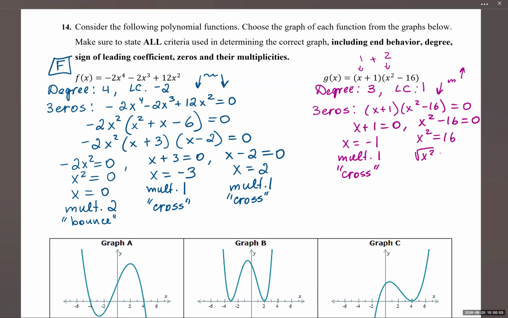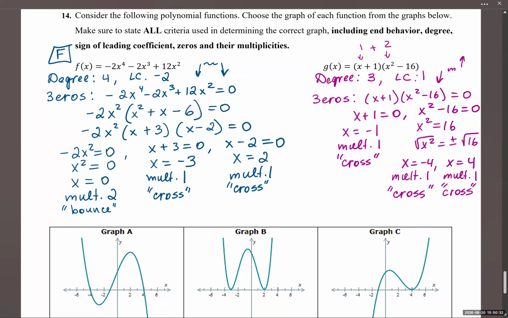Square root of x^2 equals plus or minus square root of 16. So x equals -4 or x equals 4, two different numbers. Even though x was squared, two different results means that multiplicity is 1 on both of them. So it should cross at -4 and cross again at 4.